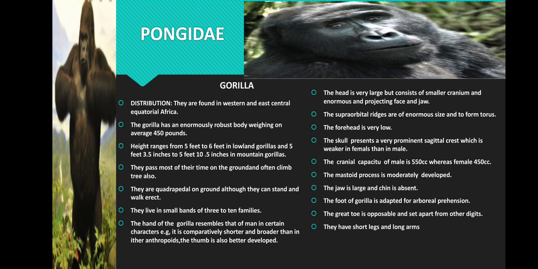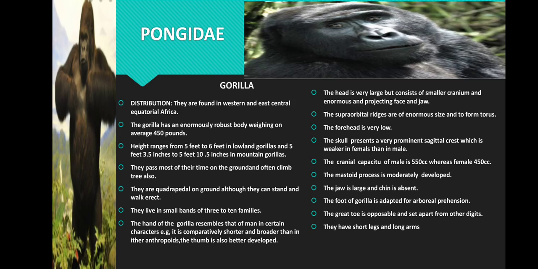The gorilla is found in east central equatorial Africa, right? They comprise one genus, two species: the lowland gorilla, found in Cameroon and Gabon, and the eastern or mountain gorilla, right?